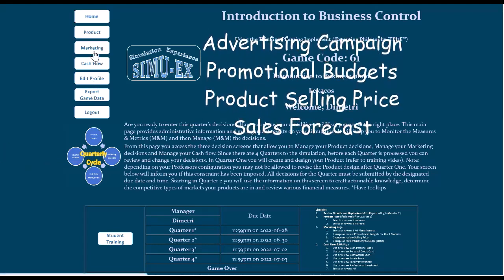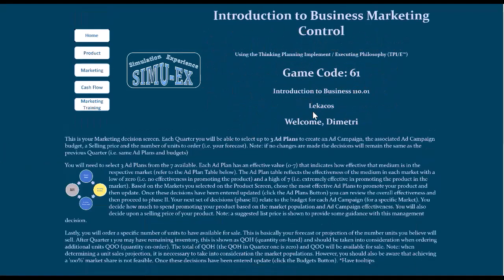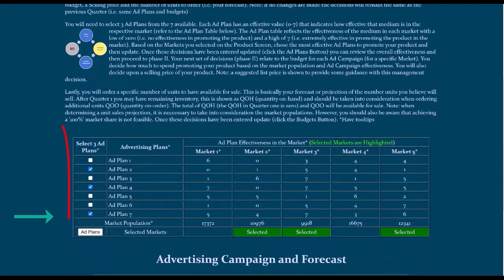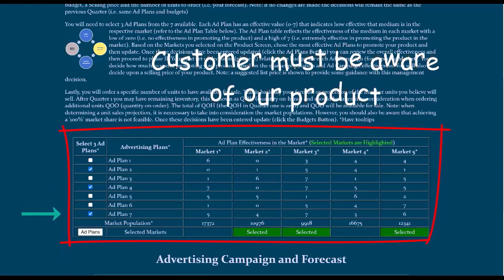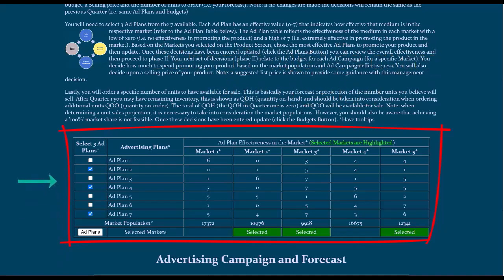What is very important when we move into the marketing stage of our decision making is to understand we must make the customer in the market aware of our product. If no one is aware of our product, then no one is going to be interested in buying the product.